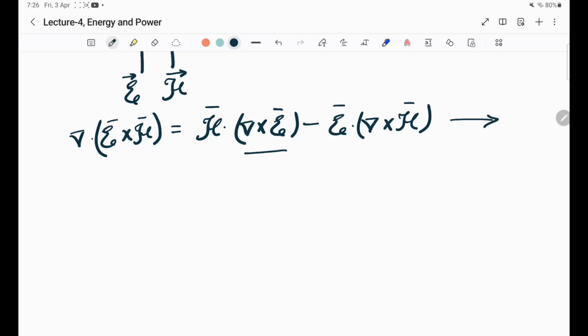Now notice the terms del cross E and del cross H.